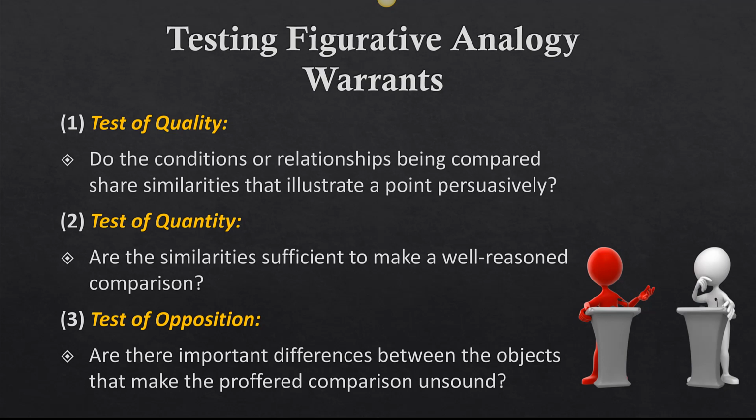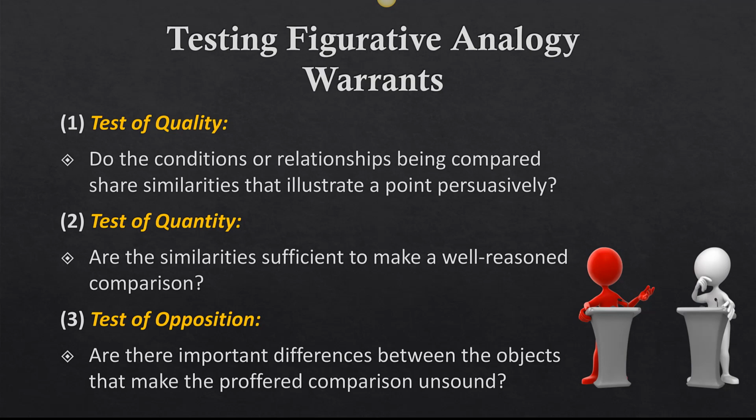However, the real important distinction, particularly for the tests of quality and quantity, is that what we're discussing is the conditions or relationships that are being compared. Do the conditions or relationships that are being compared share similarities that illustrate a point persuasively? And do we have enough similarities in those relationships to make a well-reasoned comparison?